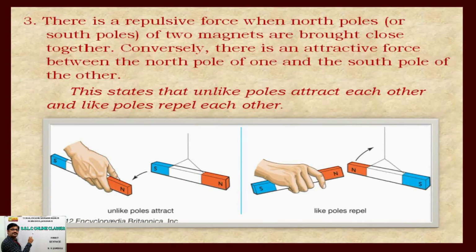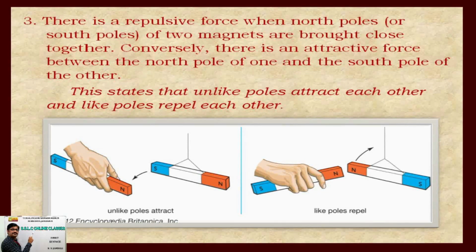There is a repulsive force when the north poles or south poles of two magnets are brought close together. Whenever you bring the north pole or south pole of two different magnets close to one another, they repel each other, and conversely there is an attractive force between the north pole of one and the south pole of the other. That is shown in this picture.